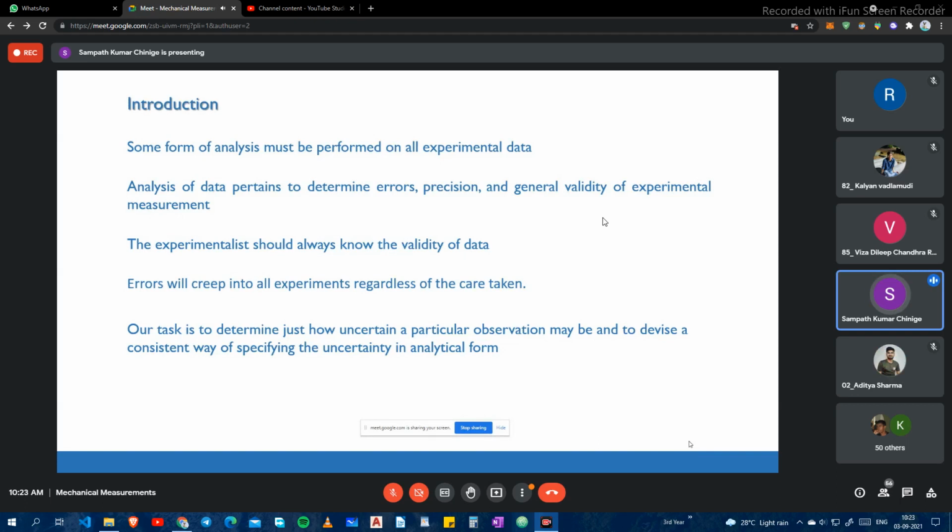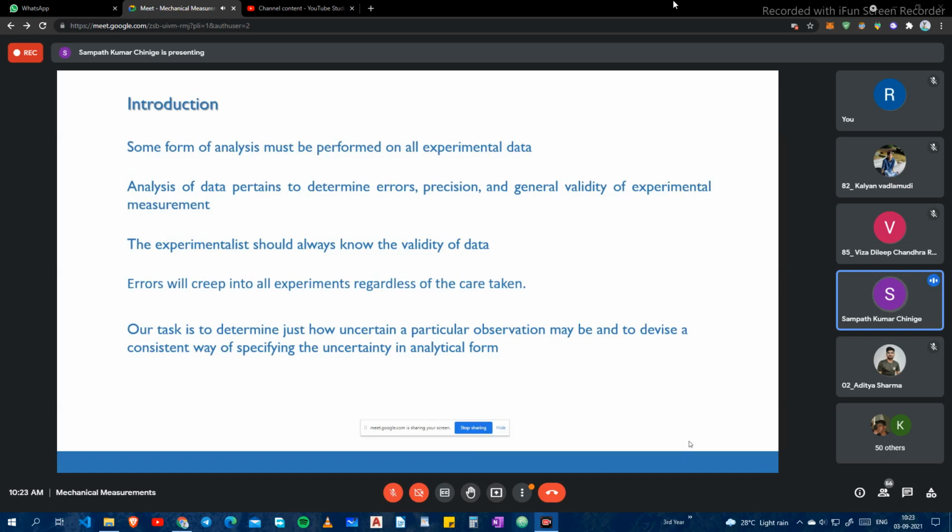Have you understood what I want to say? You are doing a particular set of multiple measurements, and then you have a set of observations, and as an experimentalist, you should have the analysis in such a way that you can say that all these readings may fall within this range from the true value.